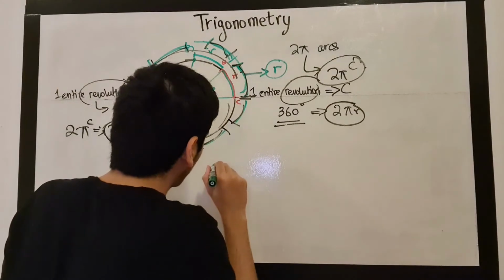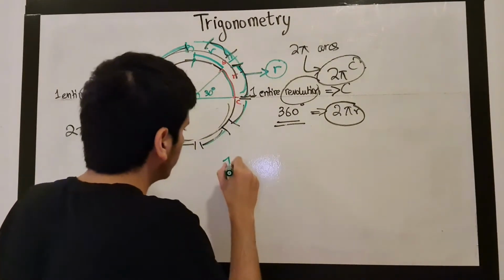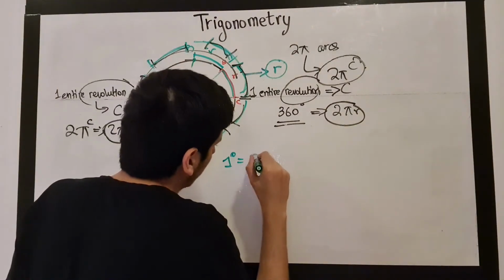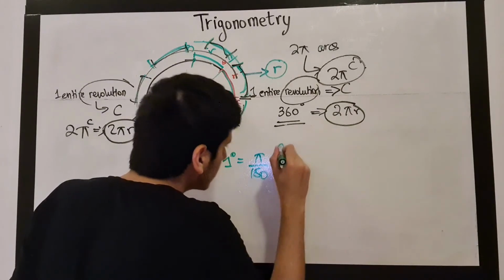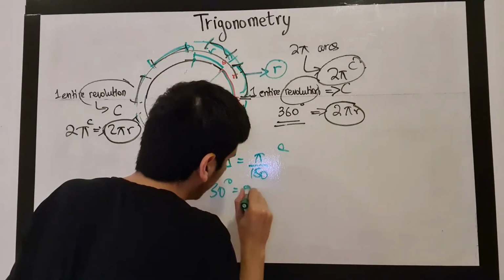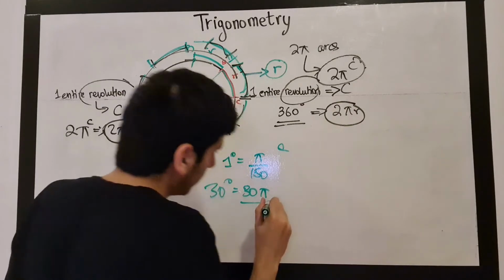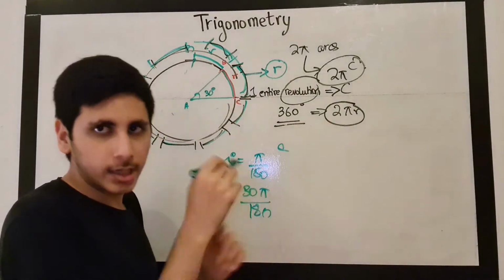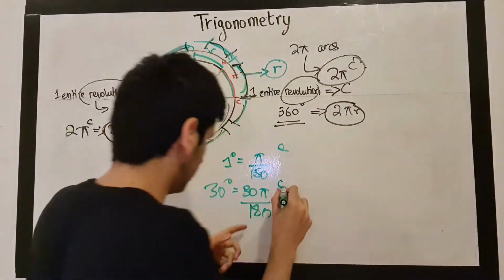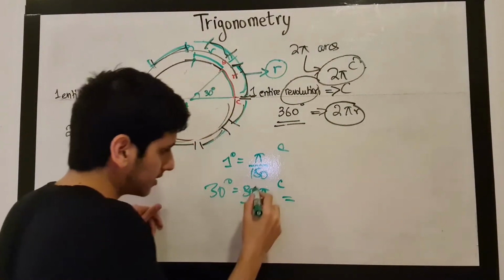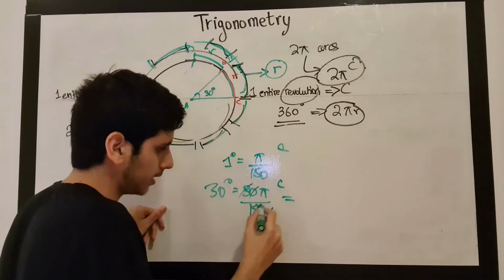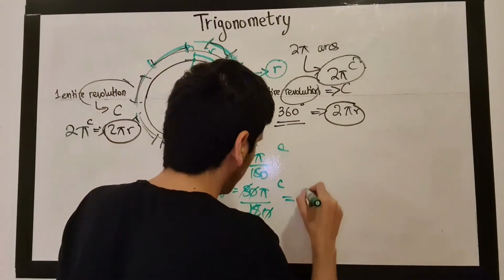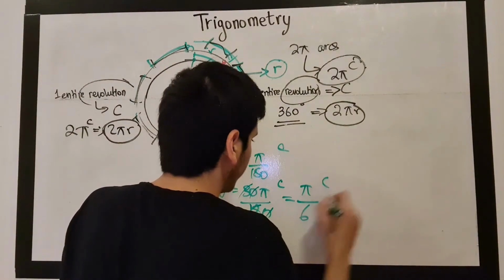I know 1 degree is pi over 180 radians, so 30 degrees would be 30 times pi over 180 radians. Let's simplify. 3 times 6 gives 18. So it would be pi over 6 radians.